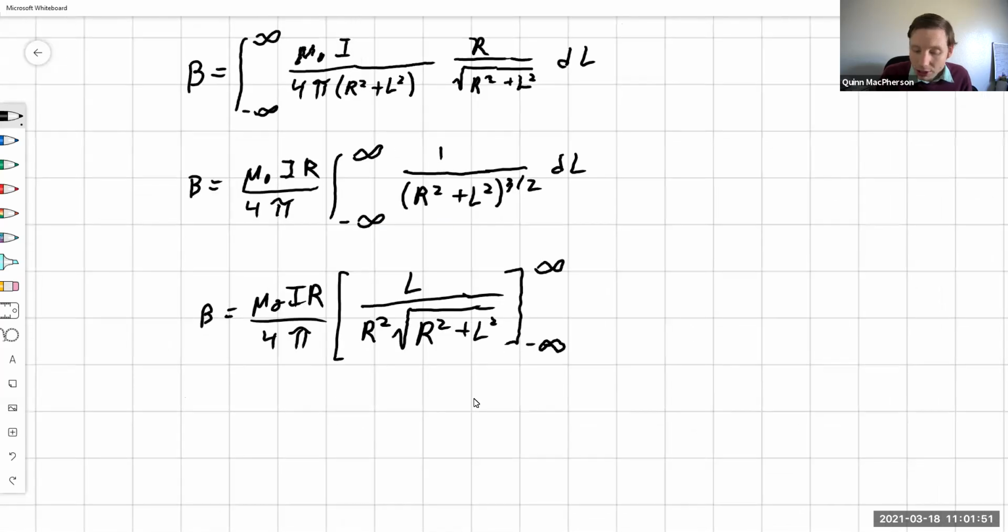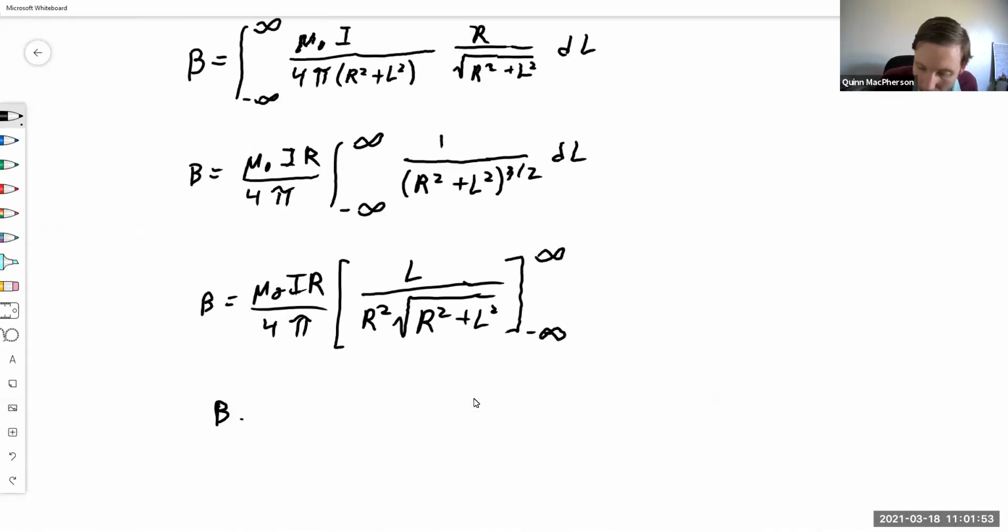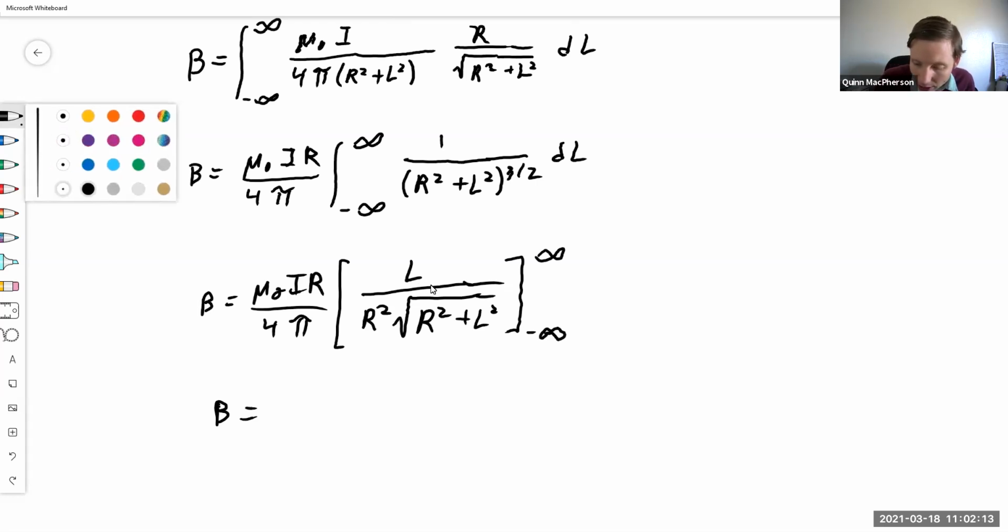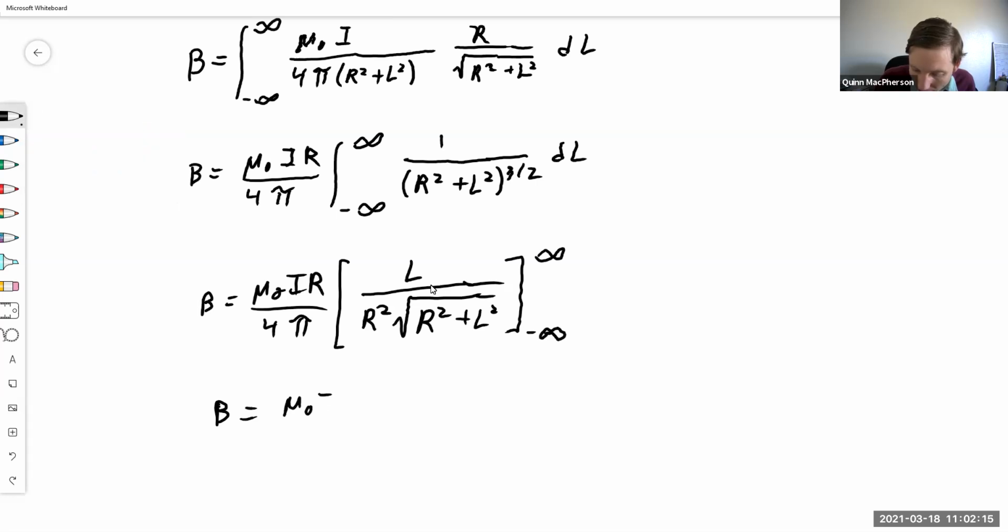Plugging those numbers in, if I plug in infinity for L, that dominates this R, so I can just throw the R away. You get the square root of L squared, which is just L, that cancels the L on the top, and I just get a result of 1 over R squared. For minus infinity, I get the same thing, except there's a minus sign at the top. You add them together, you get a factor of 2, and I get mu naught I R over 4 pi times 2 over R squared.